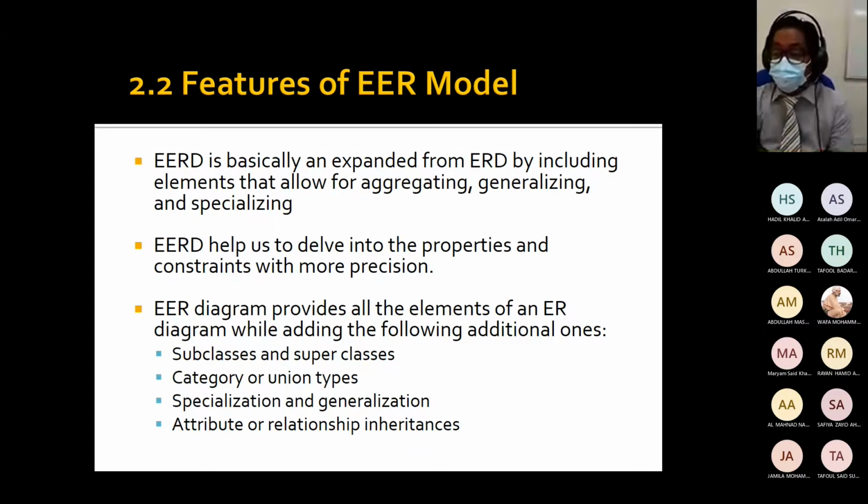We will see all of these additional features. Some few are still there in a typical ER, but the majority of these added elements you won't be seeing in ER. We add elements in your model, particularly in EER.